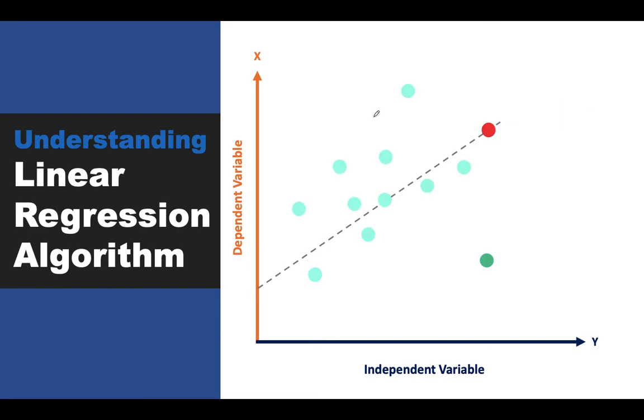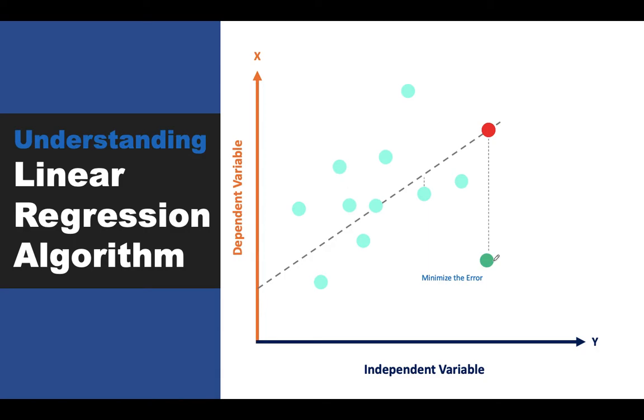So what's our main goal? Let's say we have made a line and there is a point. This is my predicted point, I say, right? So what is my main goal? My main goal is to find the error between this estimated value, the predicted point, and the actual value, and that is the main goal for every point.